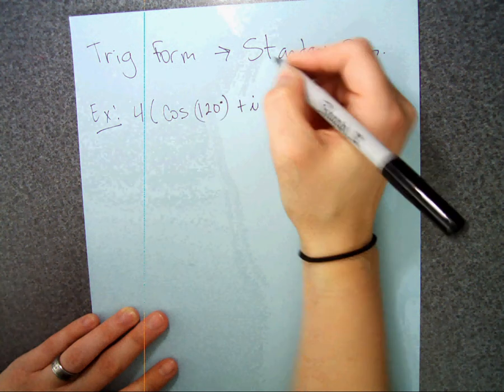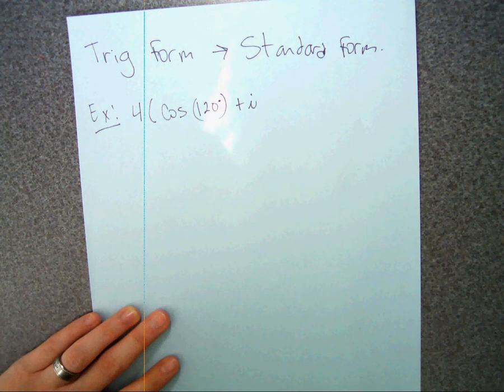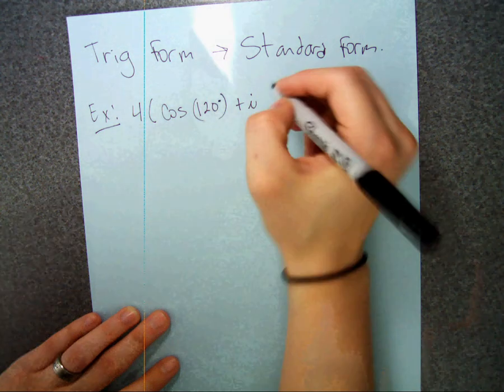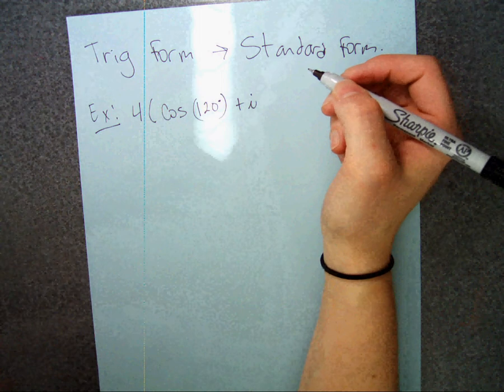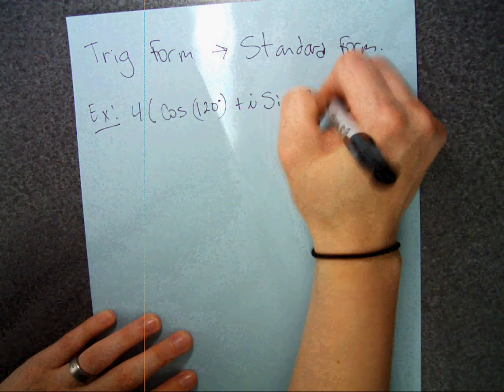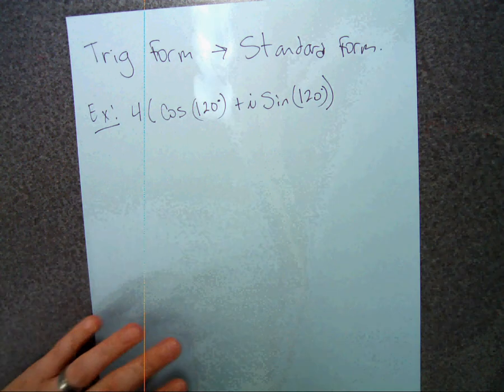So let's say I have 4 times cosine of 120 plus I sine of 120, and I want to go from trigonometric form back to standard form.